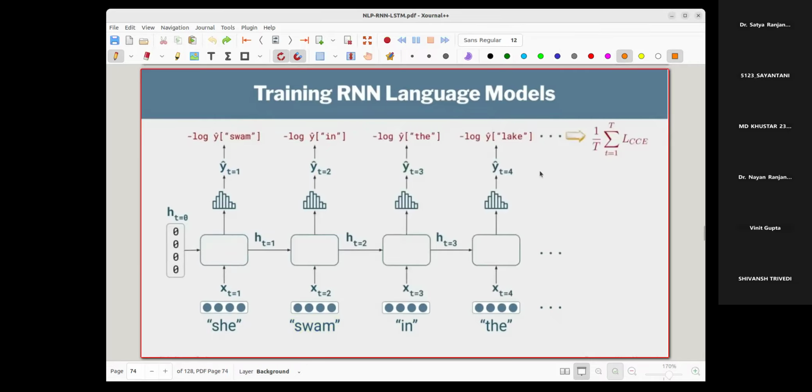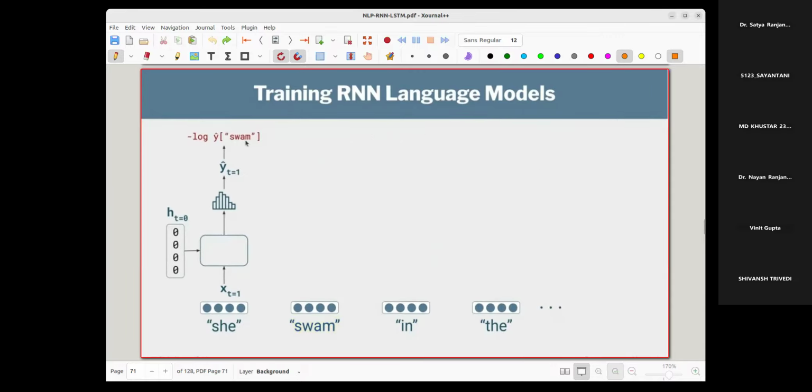You will calculate the loss, and the actual in will be given as input, not the one which is produced, and it will produce another output. At each time step this can be viewed as a classification task. At each time step it will try to predict, out of all possible words, what will be the next word. So this is nothing but the language model representation using RNN.